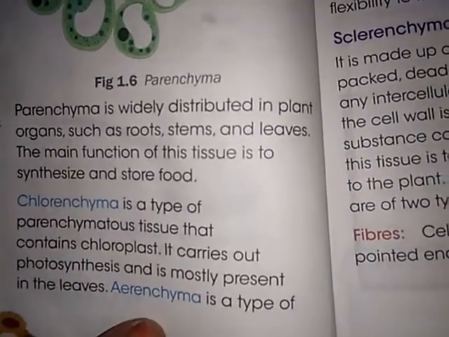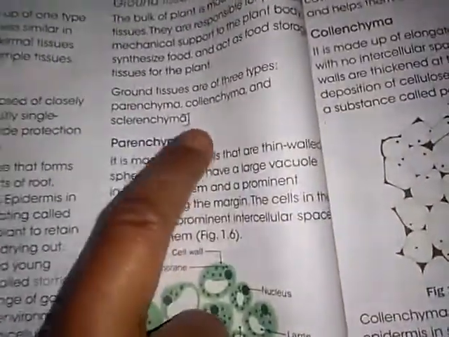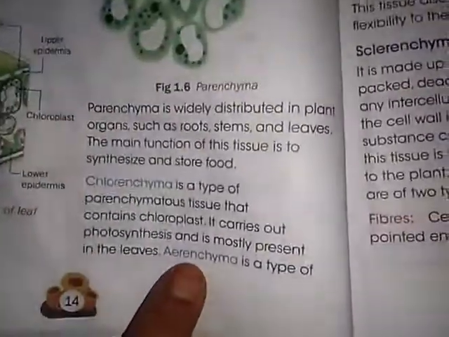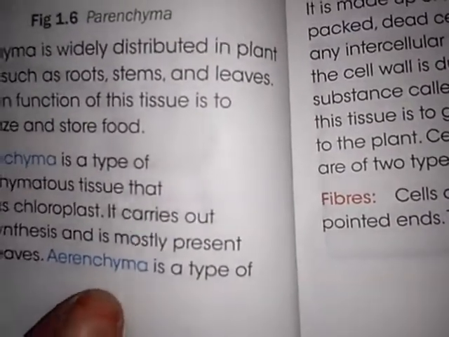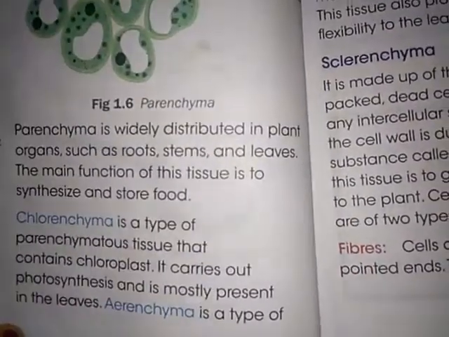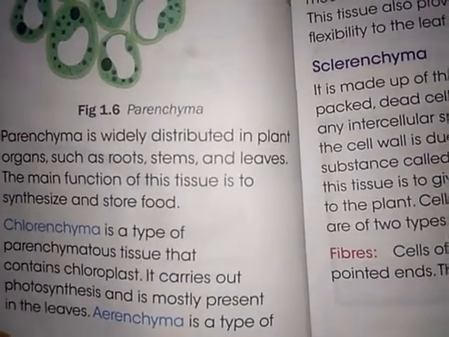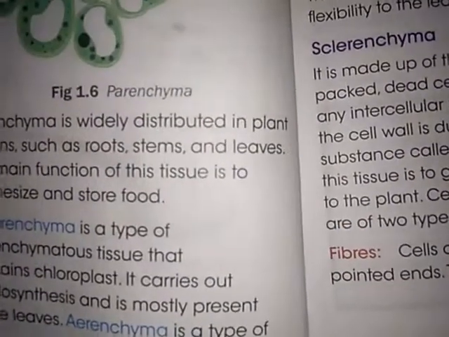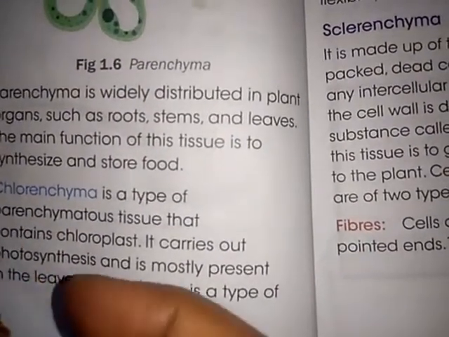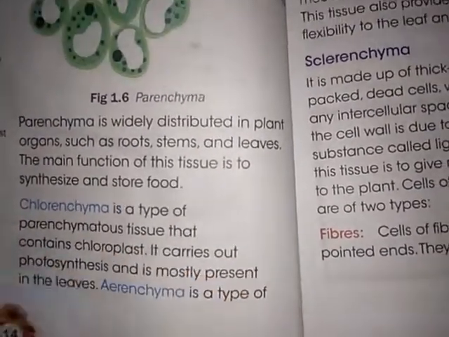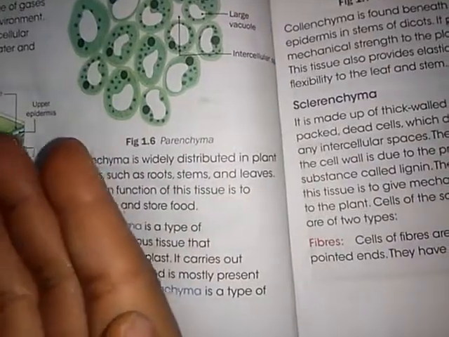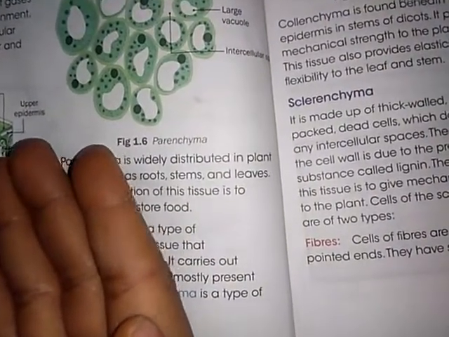Parenchyma tissue is present in aquatic plants. Understand, students? For example, lotus, lily, these types of plants float on the water, isn't it? Yes sir, did you see? Which type of plants float on the water? Lotus, lily.